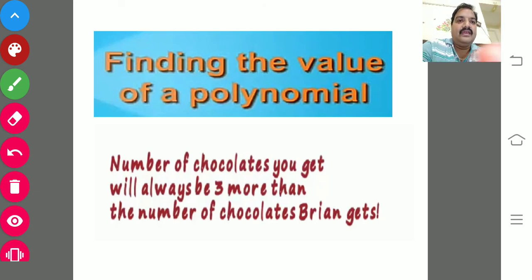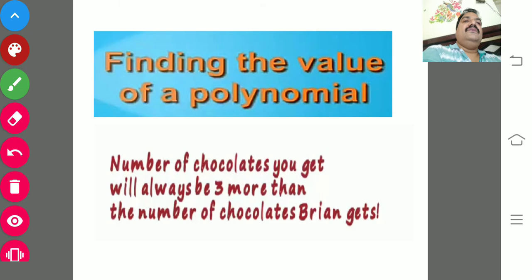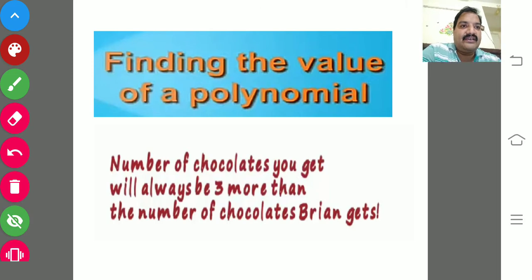Yes. Here you just observe finding the value of a polynomial with an interesting narration. The number of chocolates you get will always be 3 more than the number of chocolates Brian gets.